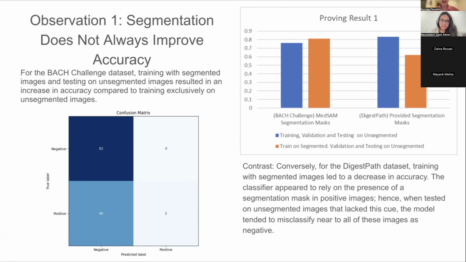So the classifier apparently could rely on the presence of this segmentation mask in positive images in training as a cue. So when tested on unsegmented images that lacked this cue, the model tended to misclassify almost all of the test images as negative.